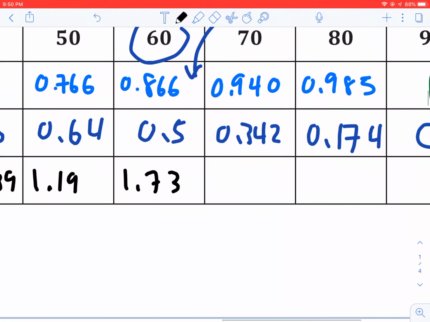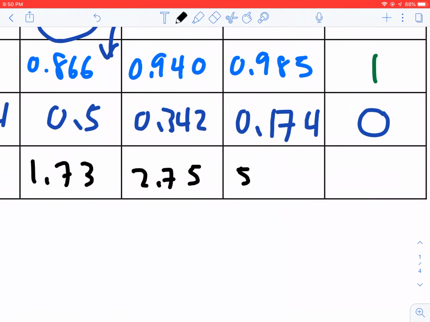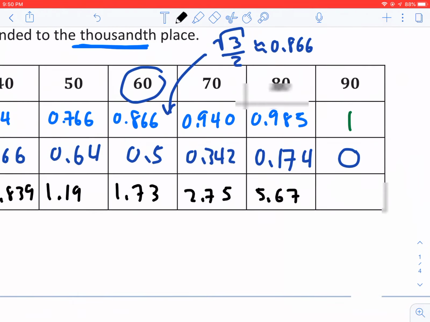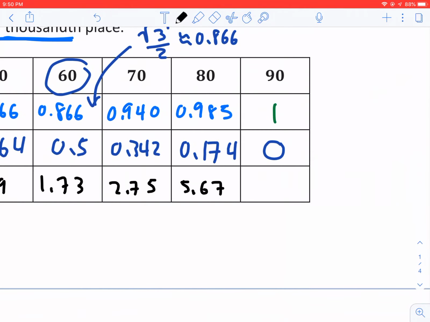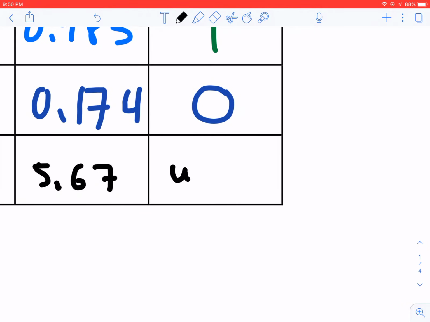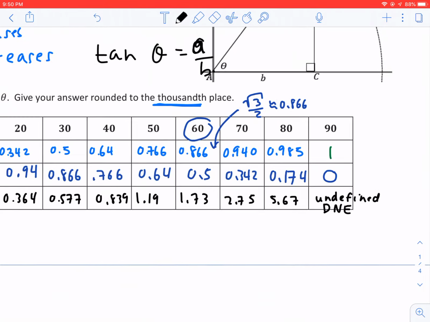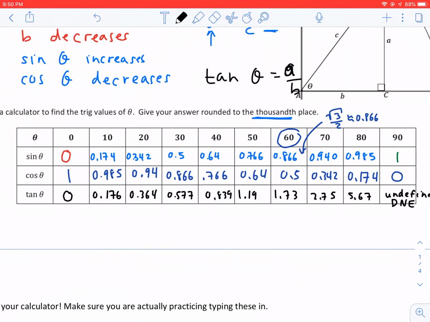Tangent of 70 is 2.75. Tangent of 80 is 5.67. And tangent of 90, if you type that in, it's going to be undefined in your calculator. So undefined. This value here does not exist. And of course we're going to talk about why in a second.